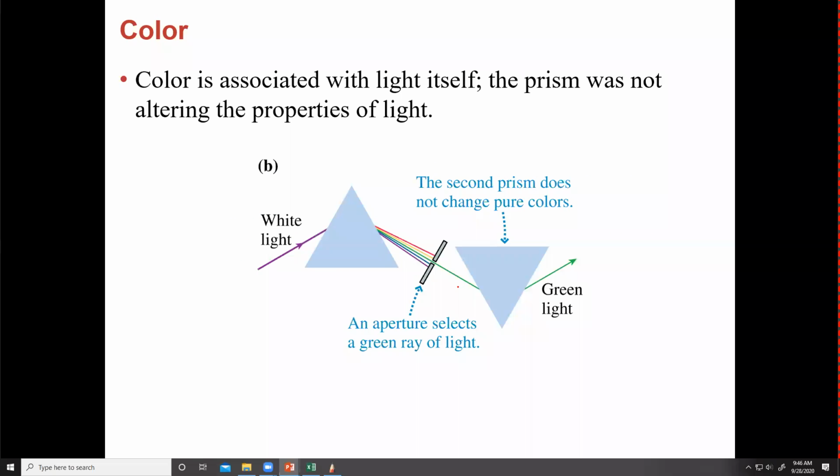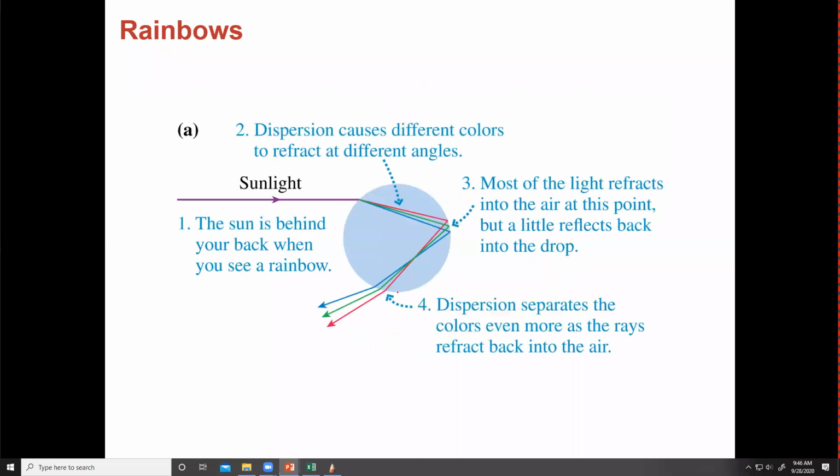Now, what's the application of that? So the rainbow that we see is actually due to this dispersion principle. What happens when sunlight hits water droplets is, there is dispersion of the colors. Okay, so the colors get separated inside the water droplet. The water droplet acts as a prism. And on the back of the water droplet, these rays go through total internal reflection.